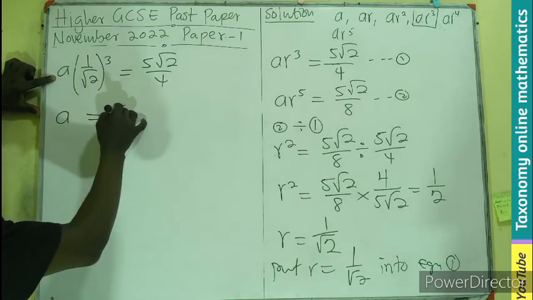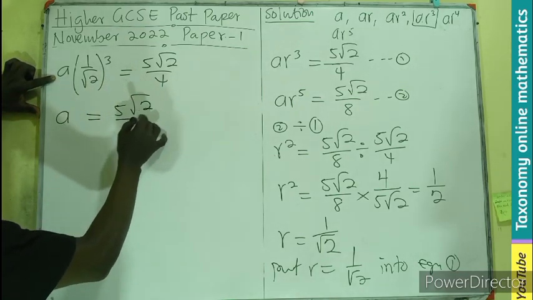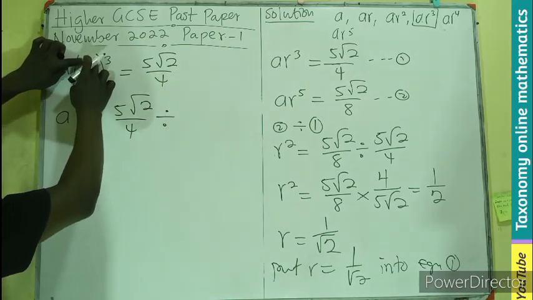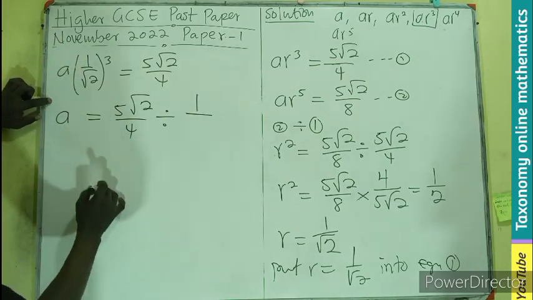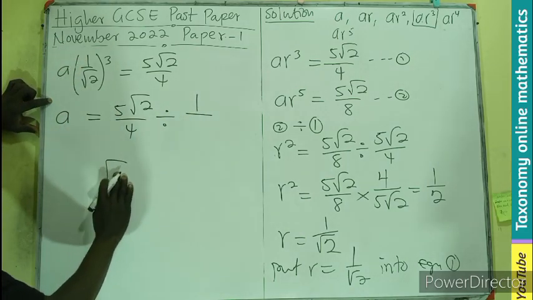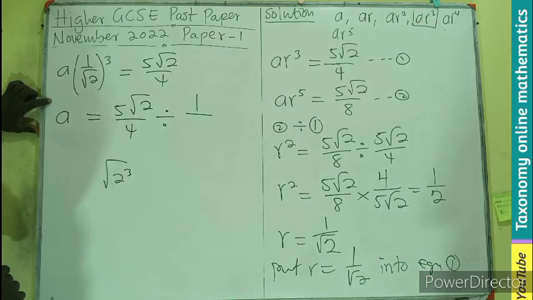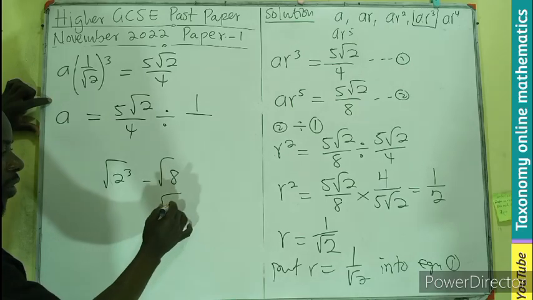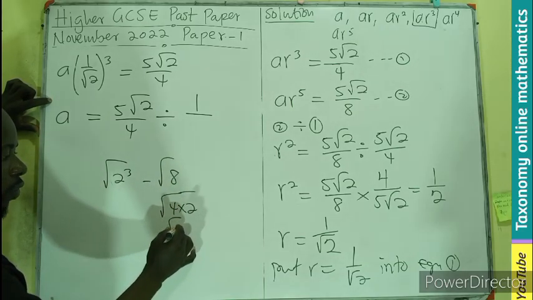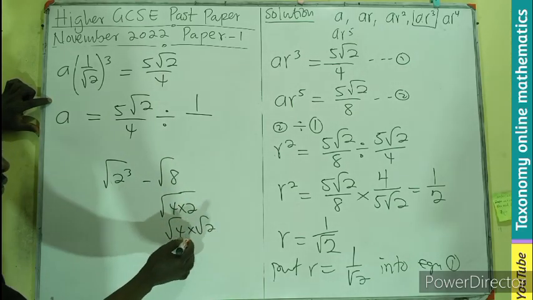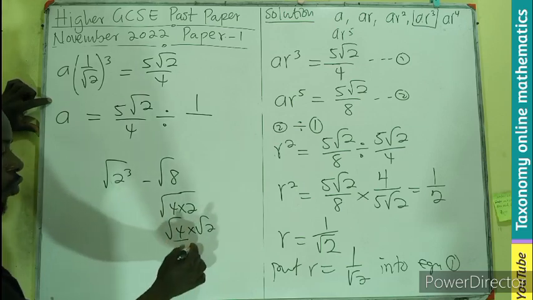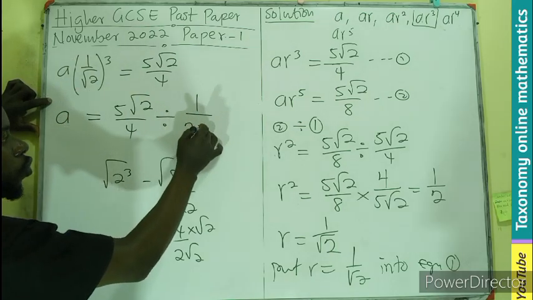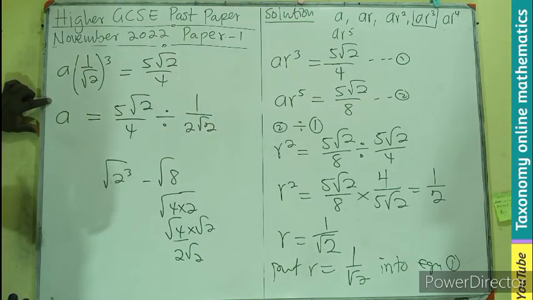A equals 5 root 2 on 4, all divided by 1 cubed over root 2 cubed. Here we are going to cube the 1 to give you 1, and cube the root of 2, that will give you root 8. Root 8 is making use of 4 times 2, so root 4 times root 2. Root 4 is a perfect square, that will give you 2 root 2. So this will be replacing the denominator, 2 root 2. You get that?